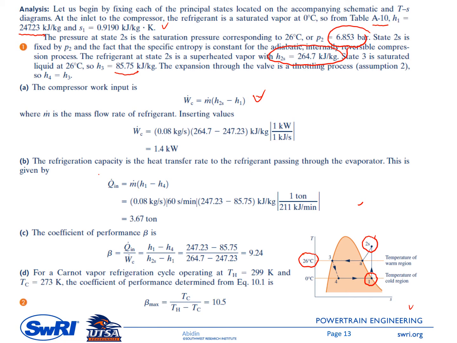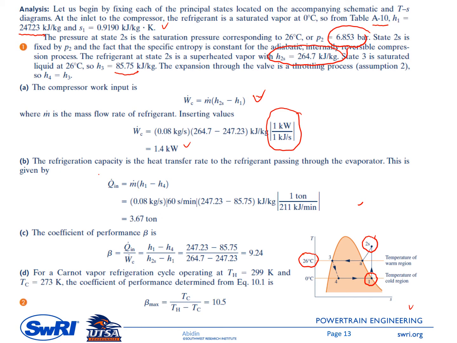H2s and H1 have been determined, and the equation is in kilowatt, so you don't need to multiply by any conversion number here, because kilojoule per second is kilowatt. So 1 kilowatt equals 1 kilojoule per second. The compressor work input is 1.4 kilowatt.